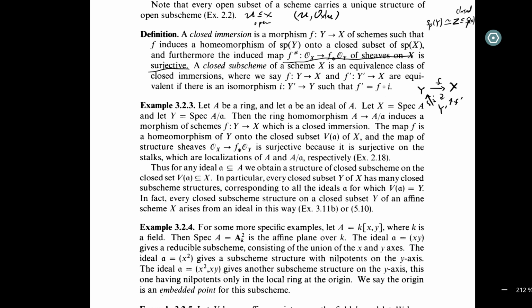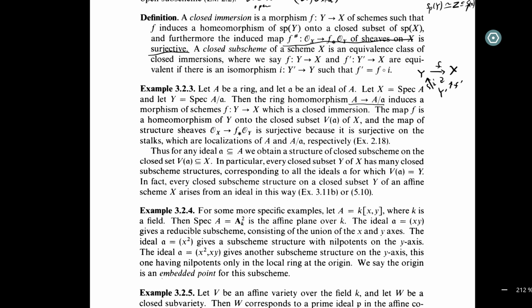Then the ring homomorphism from A to A/a induces a morphism of schemes, because the category of affine schemes is categorically equivalent to the category of rings. Then the ring homomorphism induces a morphism of schemes which is a closed immersion.